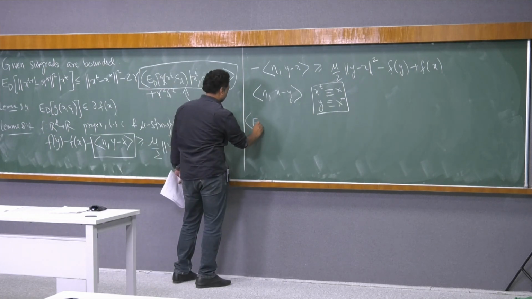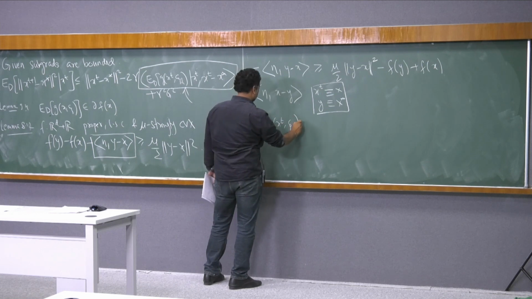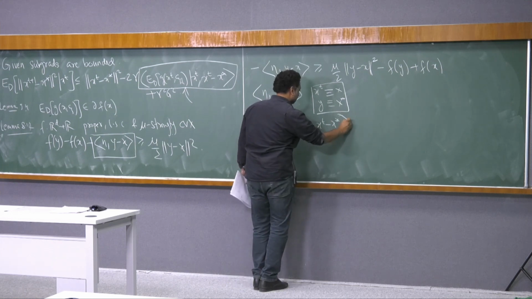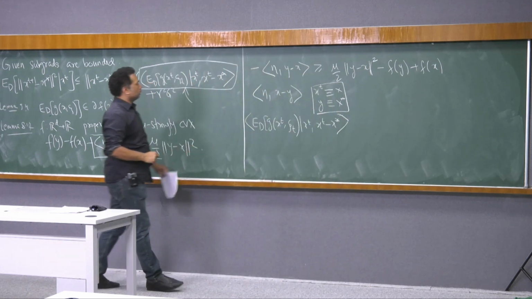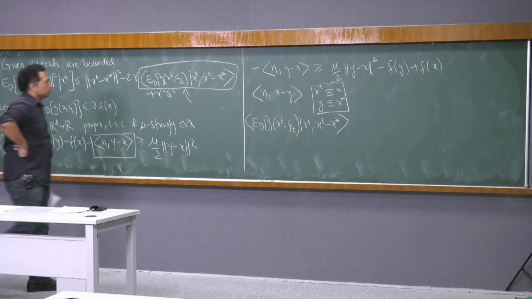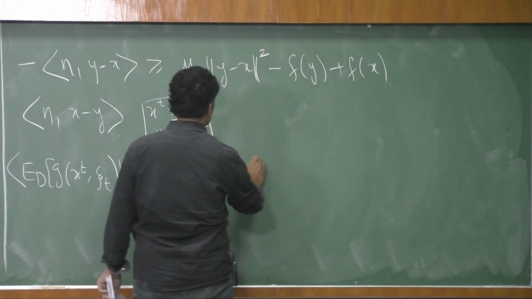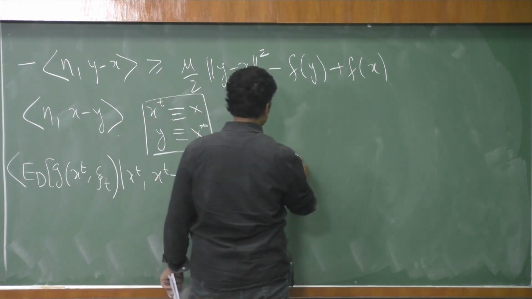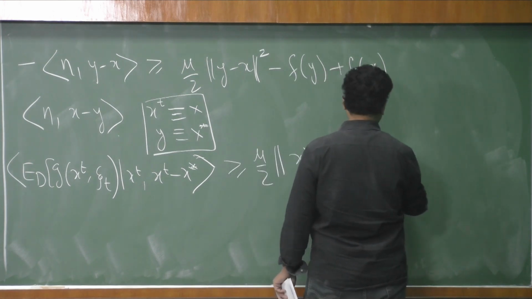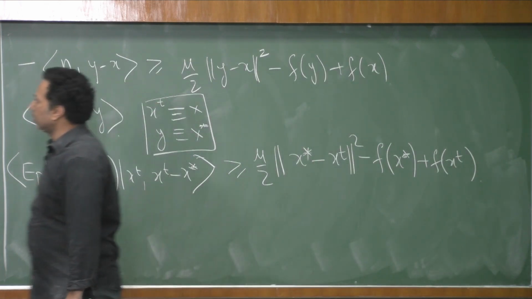So this is the expectation of g(xt, xi t) given xt, times (xt minus x star), and this is greater than or equal to, with our choice, mu by 2 norm squared, where y is our x star and x is xt, minus f(x star) plus f(xt).